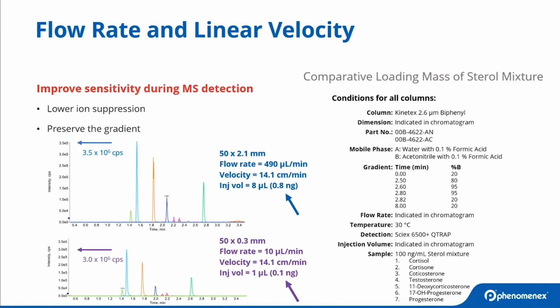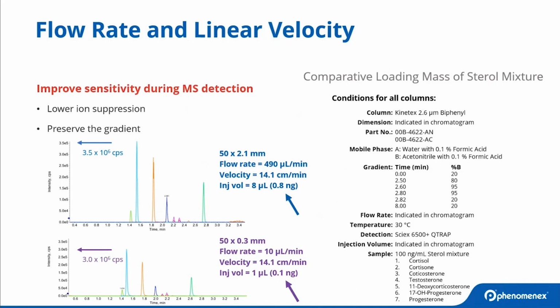But I also want to draw your attention to sensitivity. And this goes back to another reason as to why we scale. Scaling a method will improve your sensitivity. And specifically, when using a mass spec, in this case, when we scale down to a narrower internal diameter, we are minimizing the contributions of ion suppression from the mobile phase, allowing our analytes to stand out more.